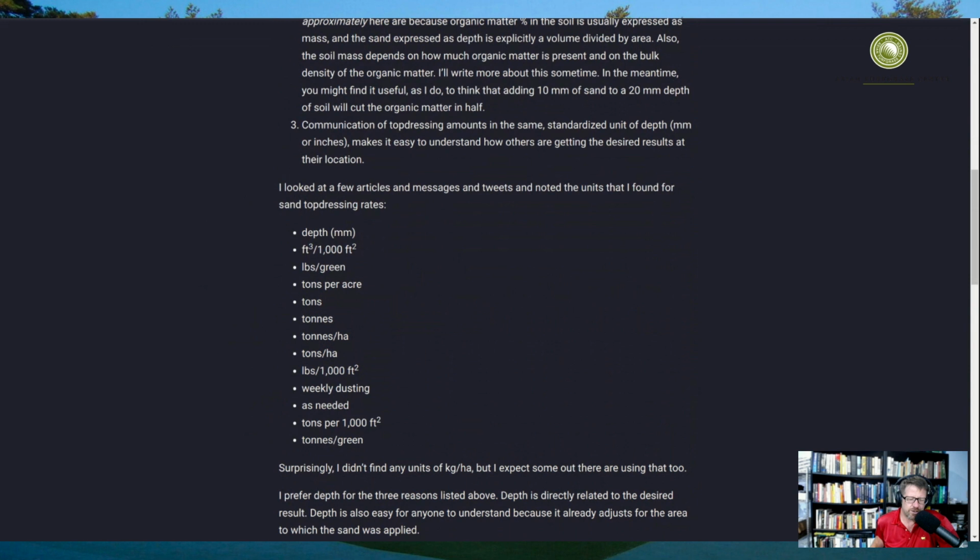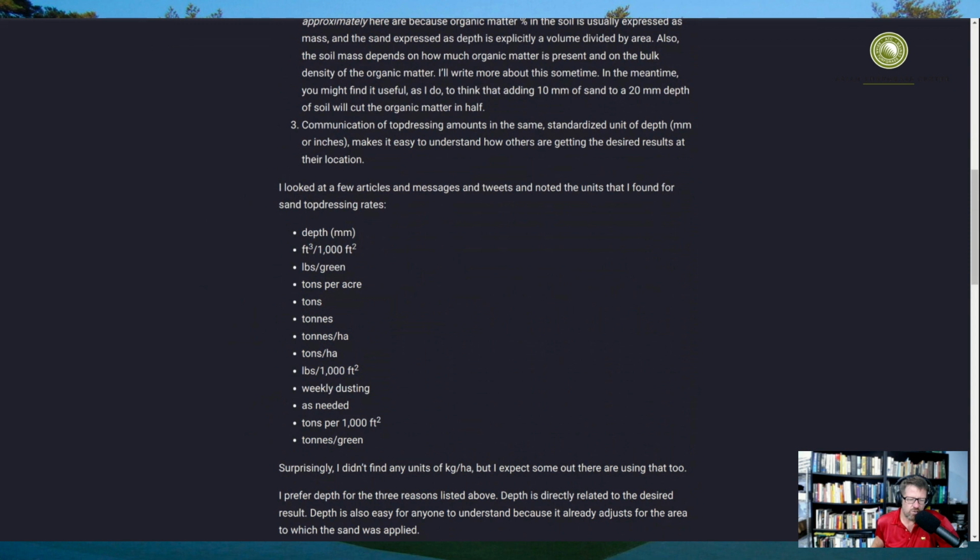And then there's the question of what a ton is, because I think in the United States, a ton is 2,000 pounds. I think in much of the other parts of the world, a ton is 1,000 kilograms.